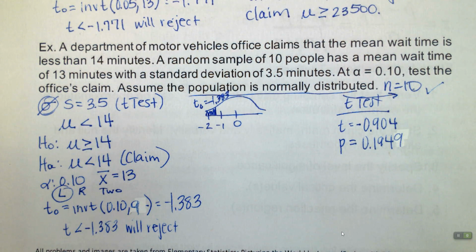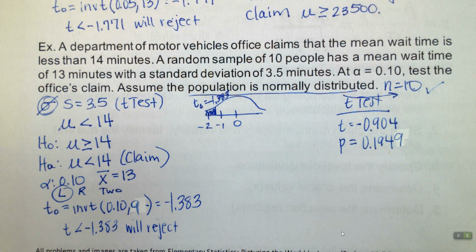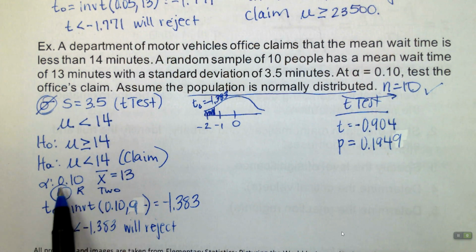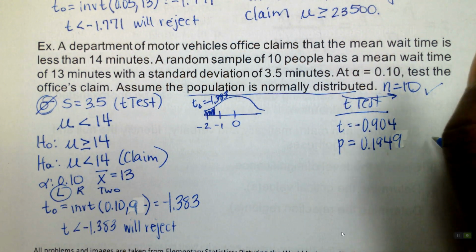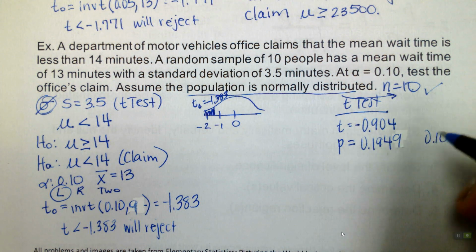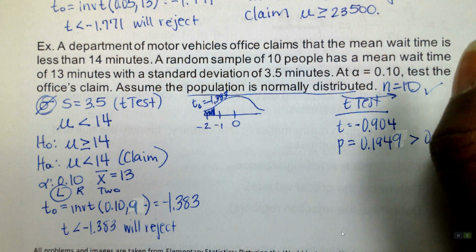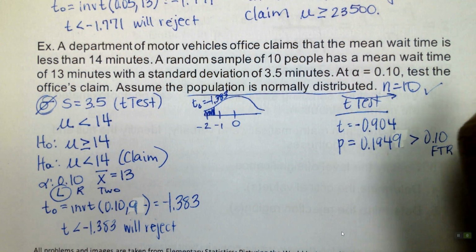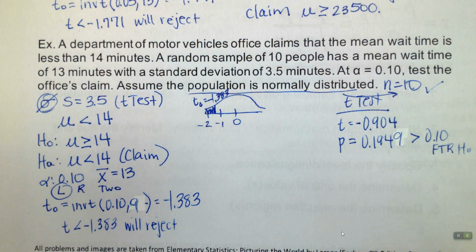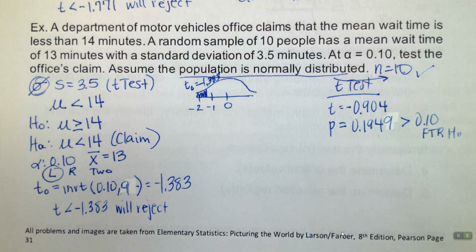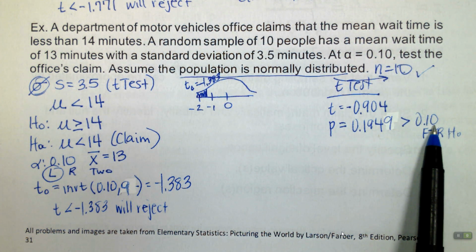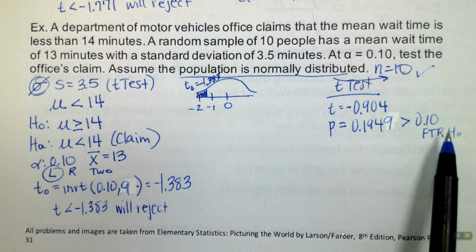So if you're using p-value to run your test, just take this level of significance and compare it. P-value, is it low? Nope, it's high. So this is like 19 cents, and this is a dime. So it's high, we gotta let it fly.